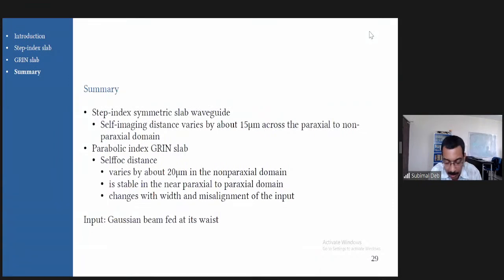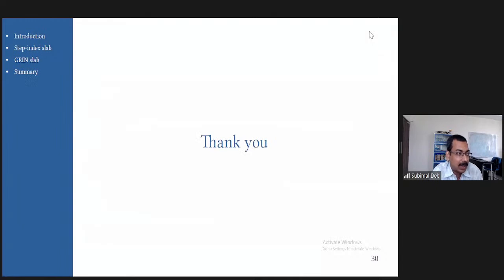And with that, I would thank the organizers, and I would also acknowledge the Department of Science and Technology, under whose funding I am an RA in the QUEST project. And I would also like to acknowledge Professor Kailash Rastogi for some useful discussions on the problems that we have looked at. Thank you.